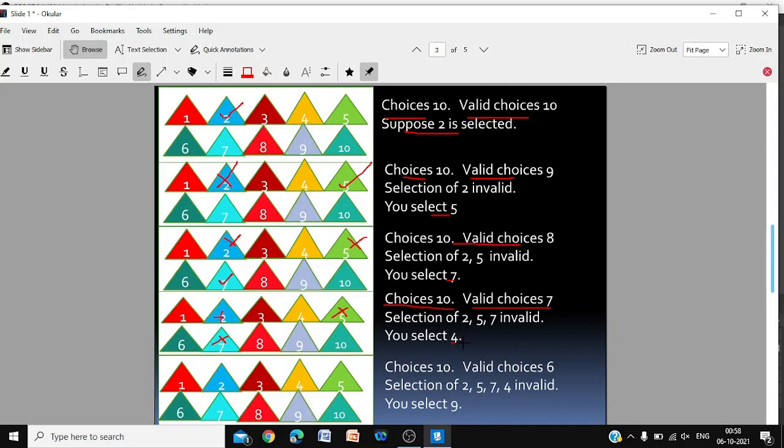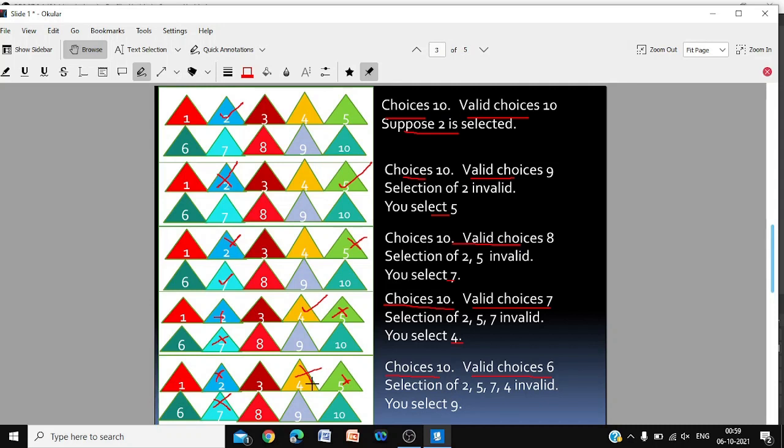Supposing you are selecting chocolate number 4. When you come here, still you have 10 chocolates to choose from. But the valid choices, in case you do not want to repeat, would be 6. Because 2, 5, 7, and 4 have already been selected, and selecting them again would be a repetition.